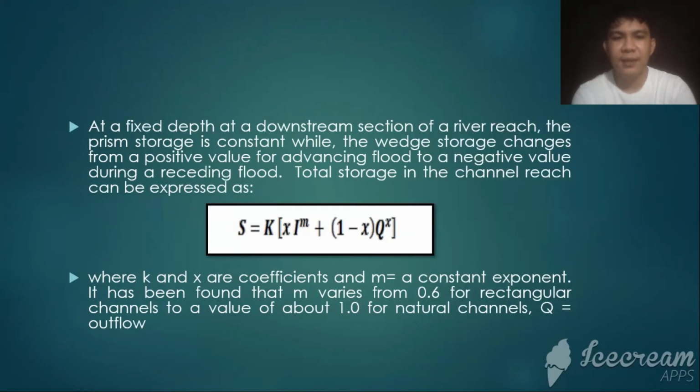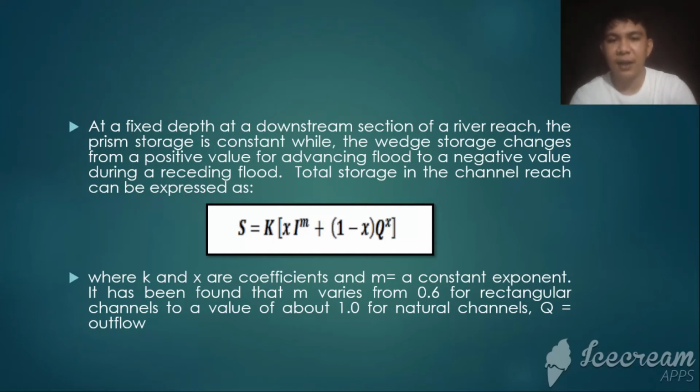So at a fixed depth at a downstream section of a river reach, the prism storage is constant. So that's what I said earlier, that the prism storage is constant, while the wedge storage changes from a positive value for advancing flood to a negative value during the receding flood. So total storage in the channel reach can be expressed as S is equal to K times [X I raised to m plus (1 minus X) Q raised to m].